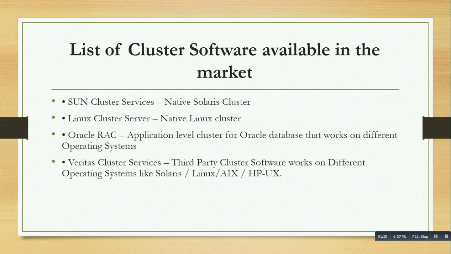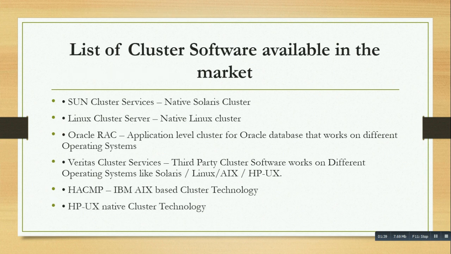Veritas Cluster Service, third party cluster software, works on different operating systems like Sun Solaris, Linux, AIX and HP-UX. HACMP, the IBM AIX based cluster technology, and HP-UX native cluster technology, right?